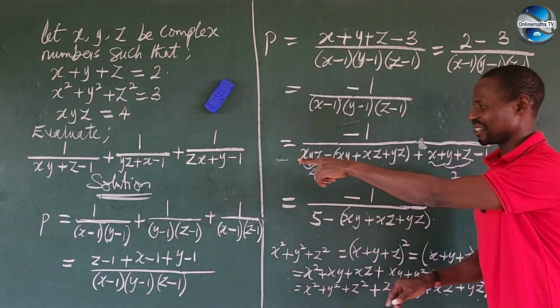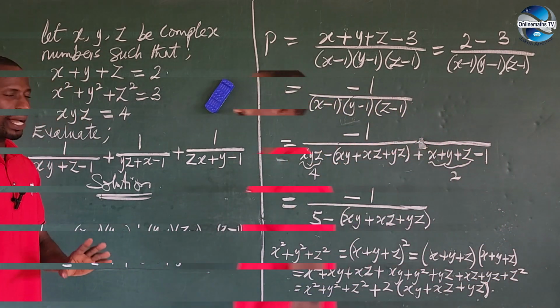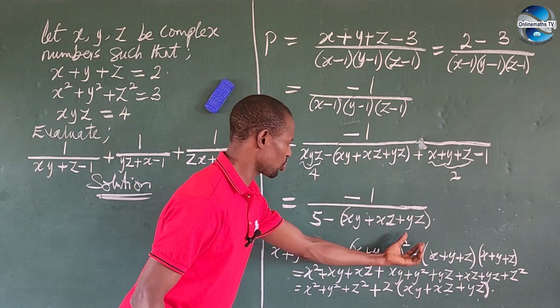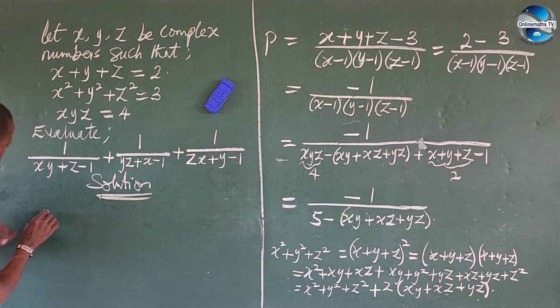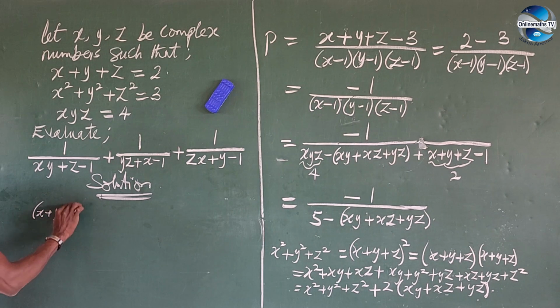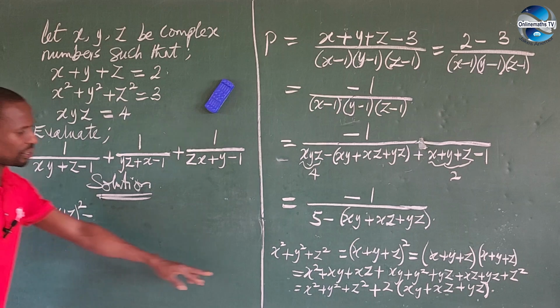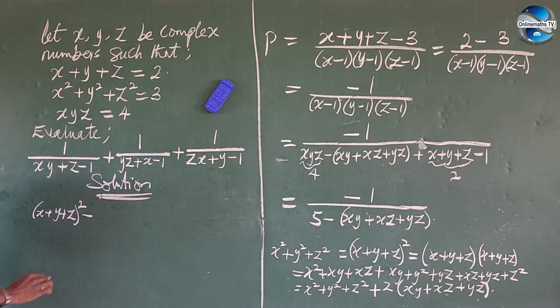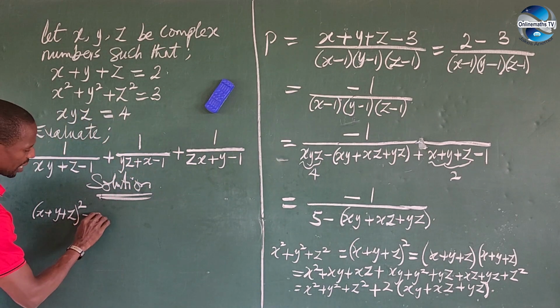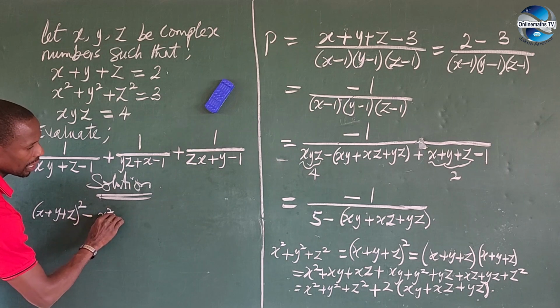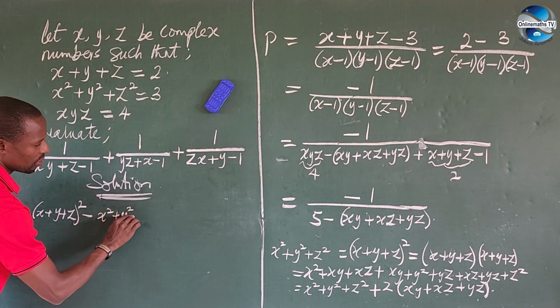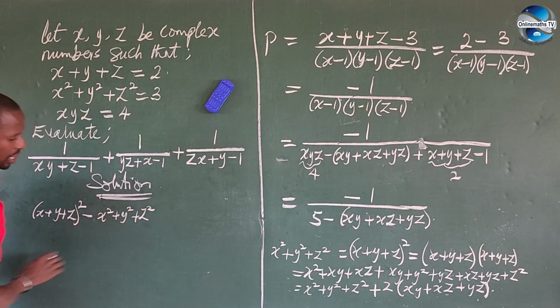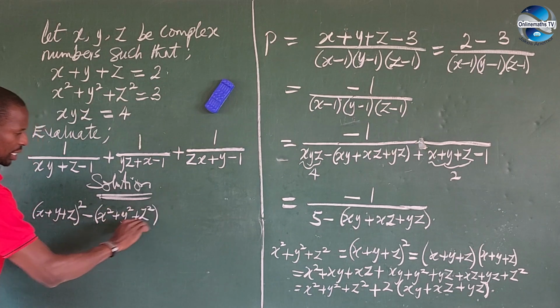Okay, so let's continue on this side again. Like I said, from here, let's move this to meet this guy here. So from here, we're going to have this to be your bracket x plus y plus z all squared minus everything we have in here, so minus x squared plus y squared plus z squared. Let's put this in brackets.